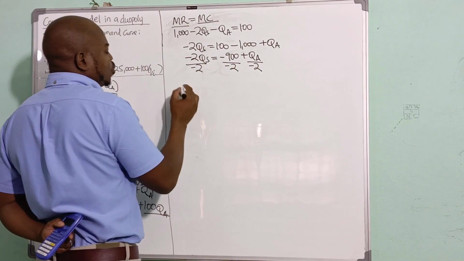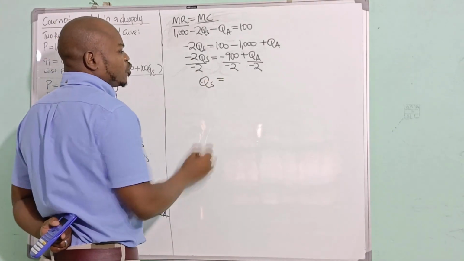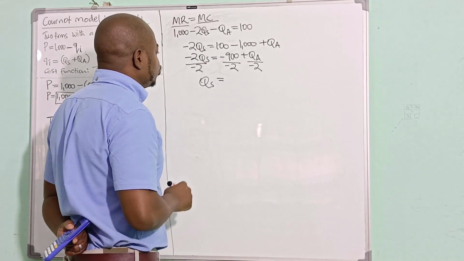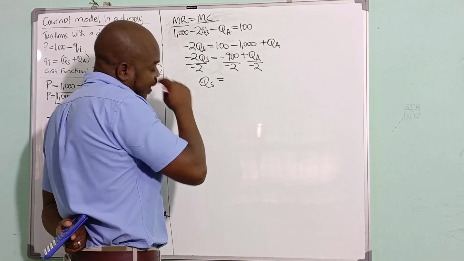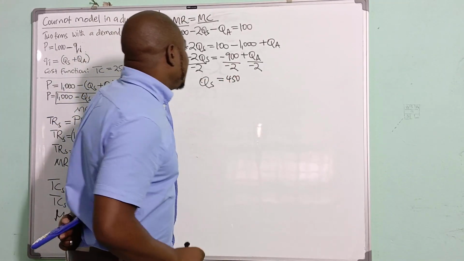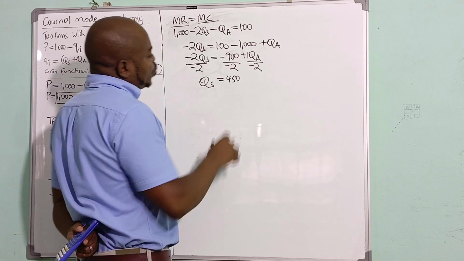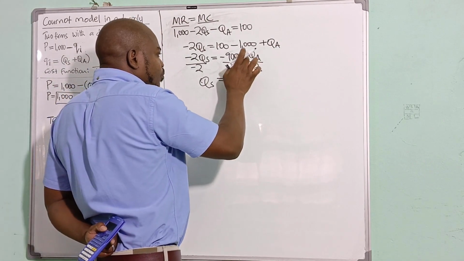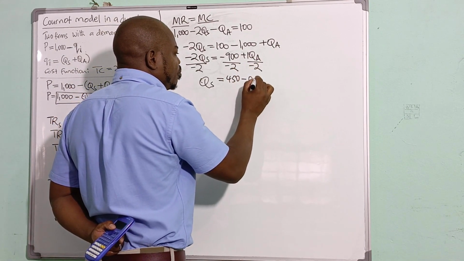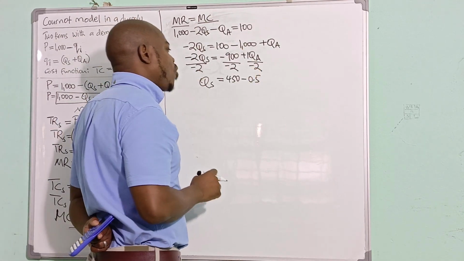Okay, I'm cancelling those two, and then I have QS here is equal to negative 900 divided by negative 2, that's positive 450. And then here we assume always to say there's a 1 here, so we are simply saying positive 1 divided by negative 2 will have negative 0.5. So this is just as good as negative 2 going into positive 1.